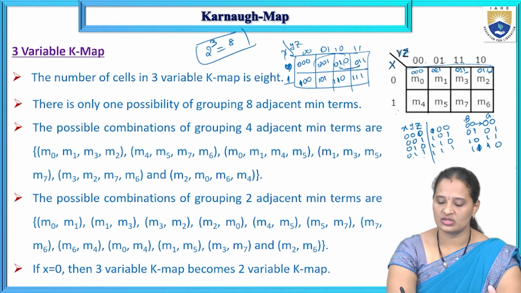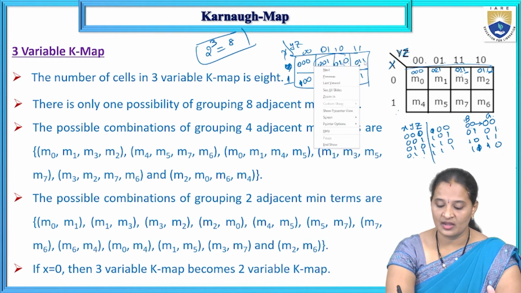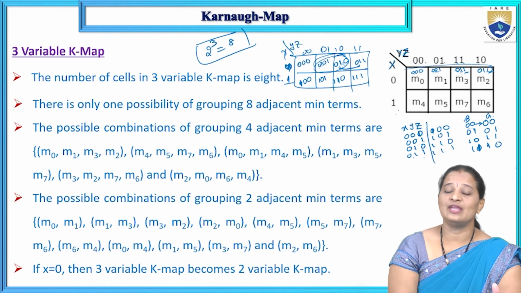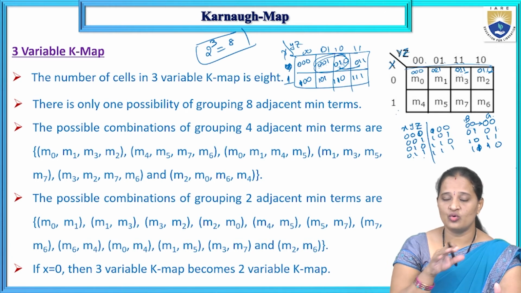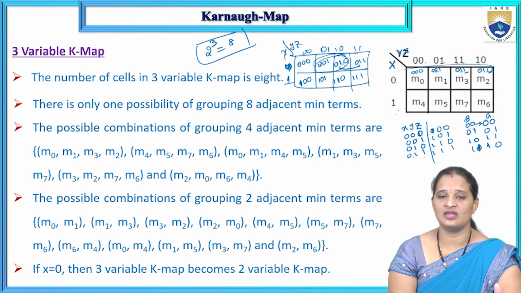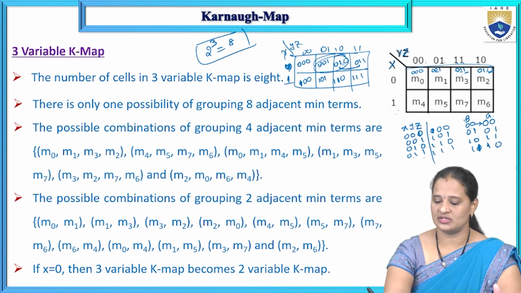Whereas here, even though these two are neighboring, I cannot say they are adjacent because they differ by more than one variable. So in order to make neighboring cells adjacent, instead of following the binary code, I am following the gray code for assigning the values to the binary variables. That is why we have to follow the gray code. This point we have to remember.